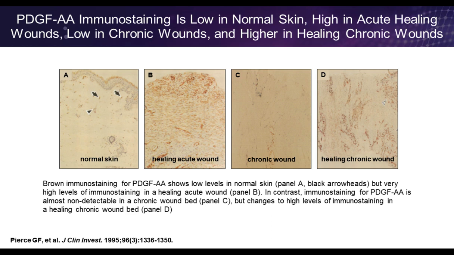In contrast, in panel B, you see that in the healing wound, there's huge amounts of active PDGF because that's a factor that is important in promoting healing. In contrast, in panel C, when we try to find intact PDGF in chronic wound bed, there's essentially none, but when that chronic wound is treated appropriately, proteases are reduced. Now there's substantial amounts of intact PDGF that can be detected, and now that chronic wound begins to heal, as shown in panel D.